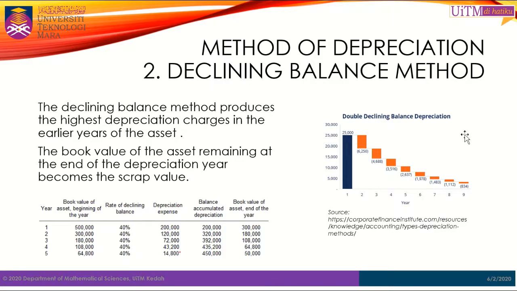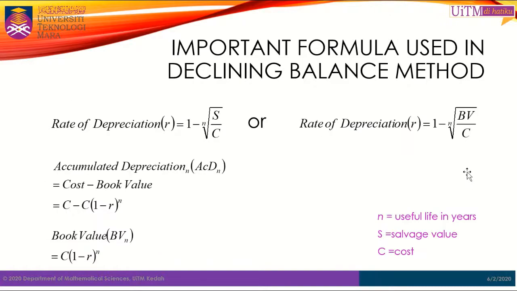All right, so it has a higher depreciation in the beginning and slowly the amount of depreciation decreases until its scrap value. Under these methods, we have the formulas for calculating the rate of depreciation.